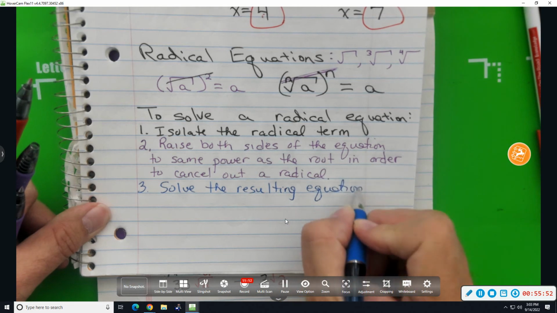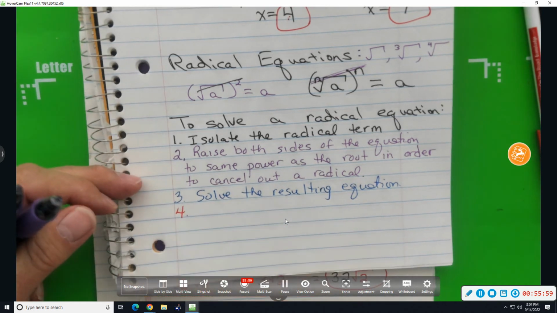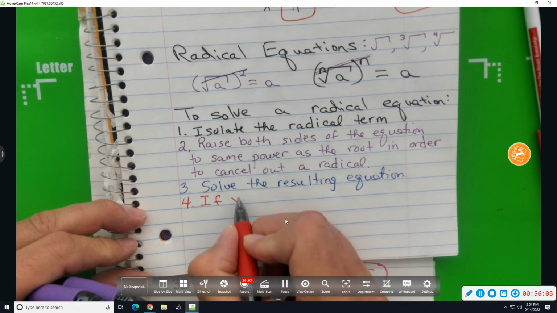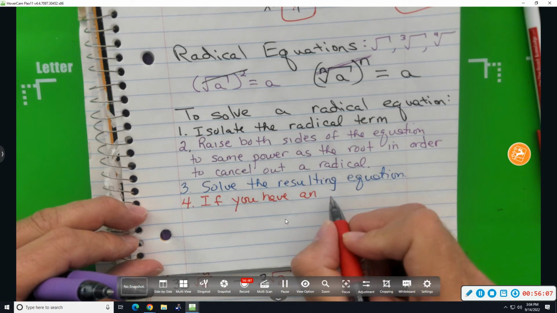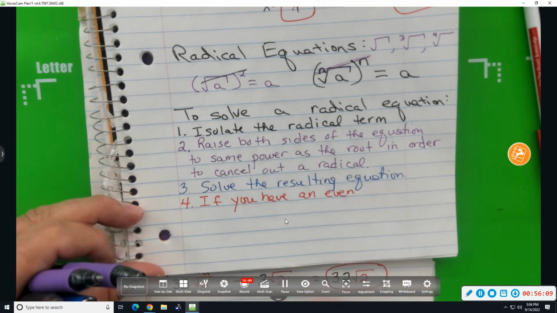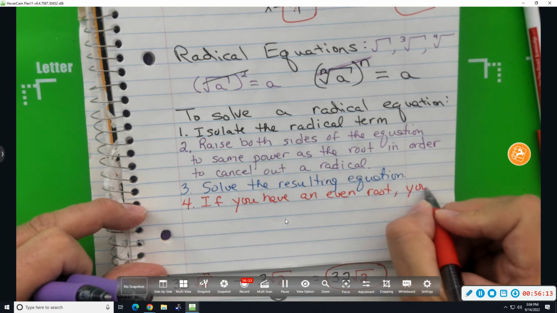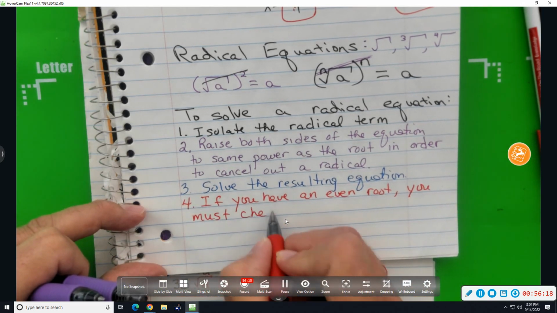And then step 4, I'll let my brother justify why this happens. But if you have an even root, primarily a square root, not a cube root, you must check your answers.